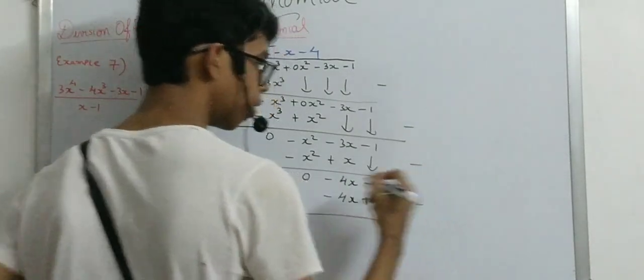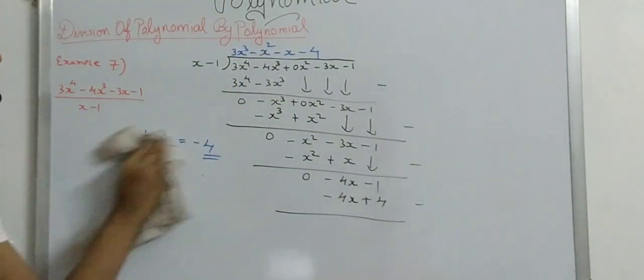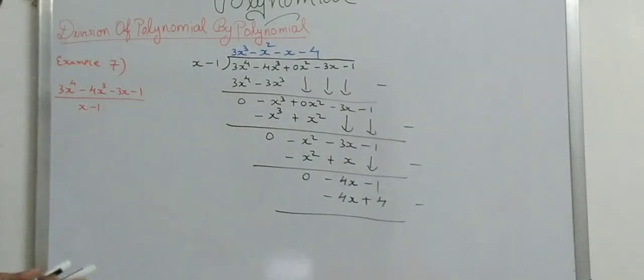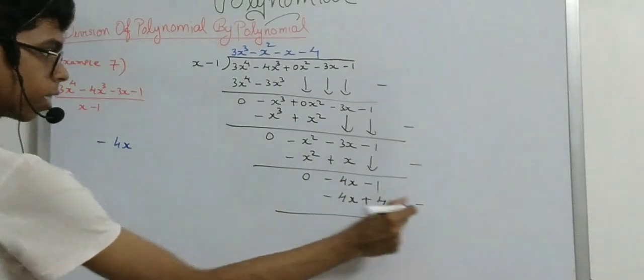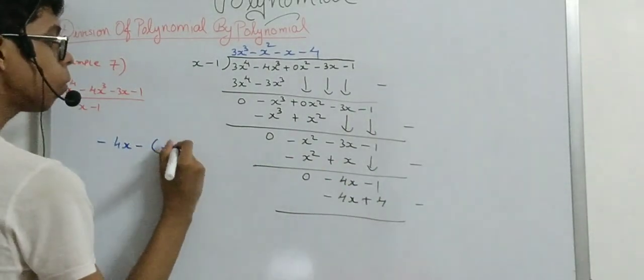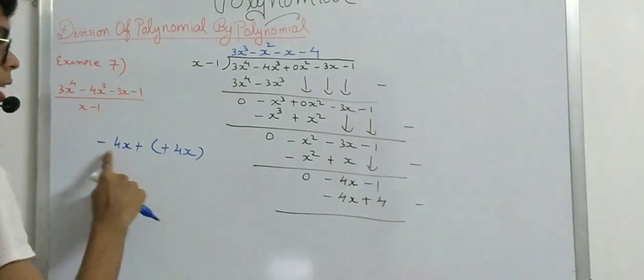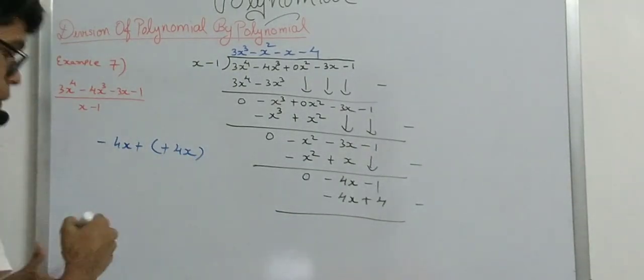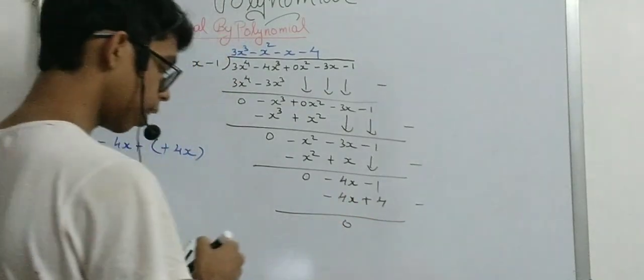Again you should do the subtraction and see. So when you do minus 4x minus of minus 4x, this will become plus. Minus 4x plus 4x is what? 0. So here you will be getting 0 over here.